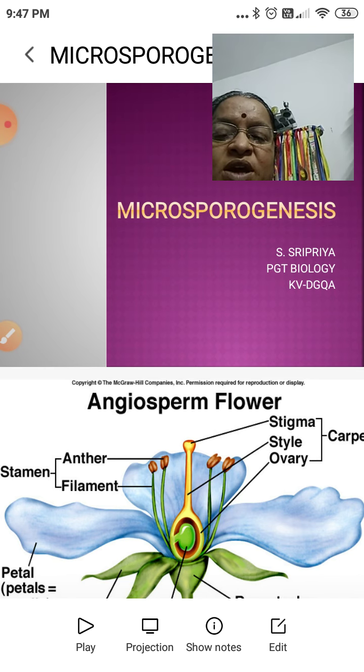Inside you have the sporogenous cells, which will produce the spores, the male spores or the pollen grains. In this picture you are able to see the mature pollen grains escaping out. Here you are able to see the mature pollen grains dehiscing out of the pollen sac, right? And this is again a close-up picture of the wall showing the epidermis, endothecium, middle layers, and then the tapetum.